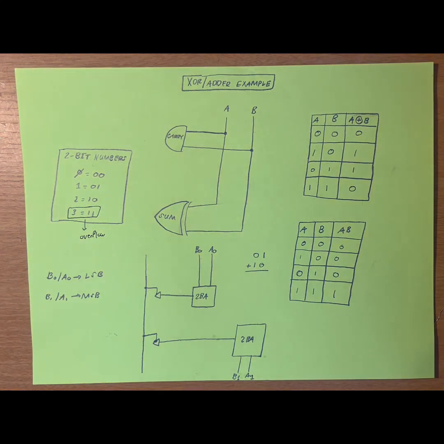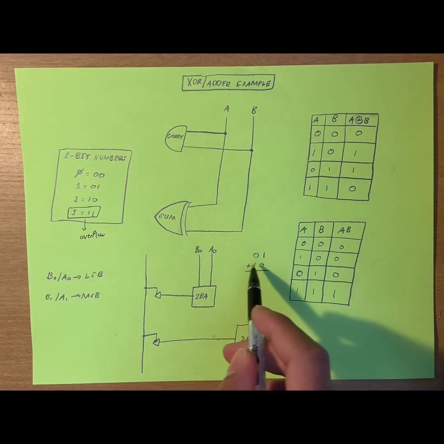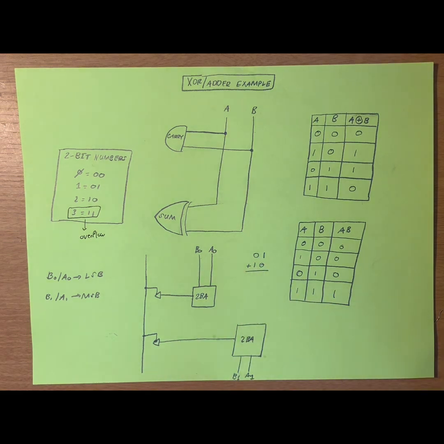So let's do an example. Say we wanted to add 1 and 2. It would process each of these vertically, pass them into the adder, and then it would output it to the bus. So we're going to organize it by least significant bit and most significant bit.